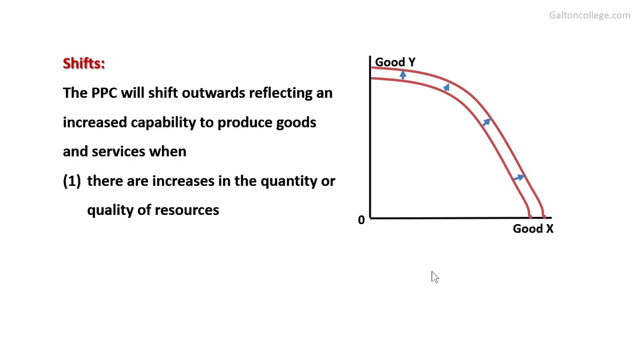Workers become more efficient. Output increases. Or there's a new technological breakthrough. The machines are able to produce more because they've been innovated. And that really overlaps with this point. There could be technological improvement, in the same way as the quantity of machines or the quantity of people or the quality have been improved. Really, the two points are very, very similar.